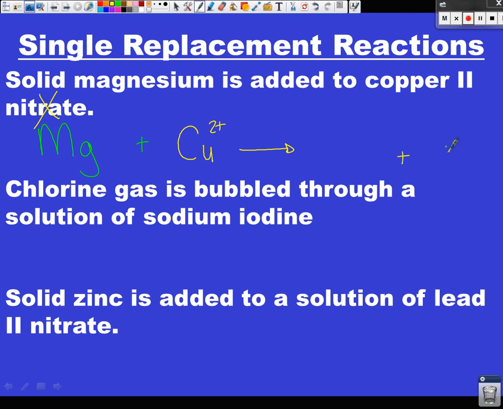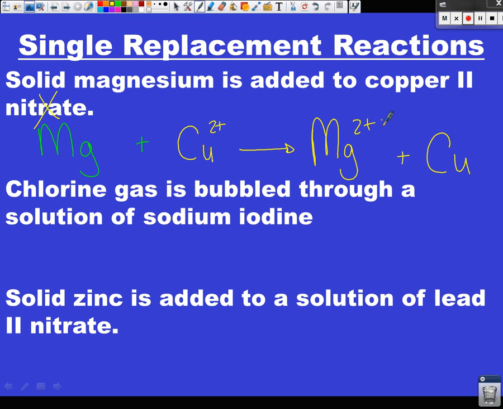So we know it goes from copper ion to copper solid. Magnesium is going to end up with who? Nitrate. So it's going to go from the solid form to the aqueous, or its ion form.